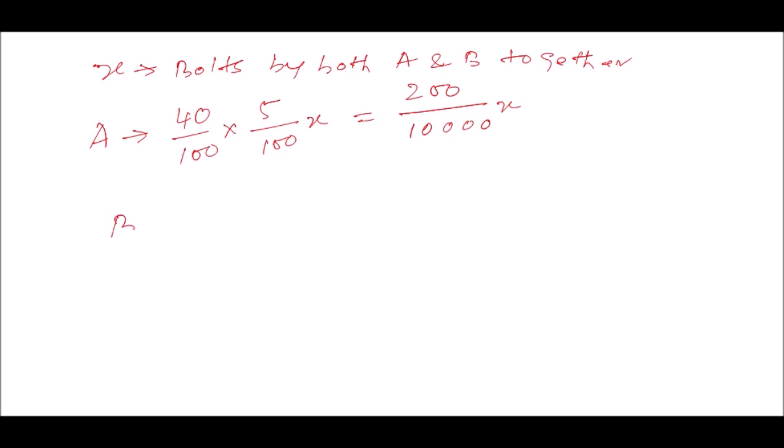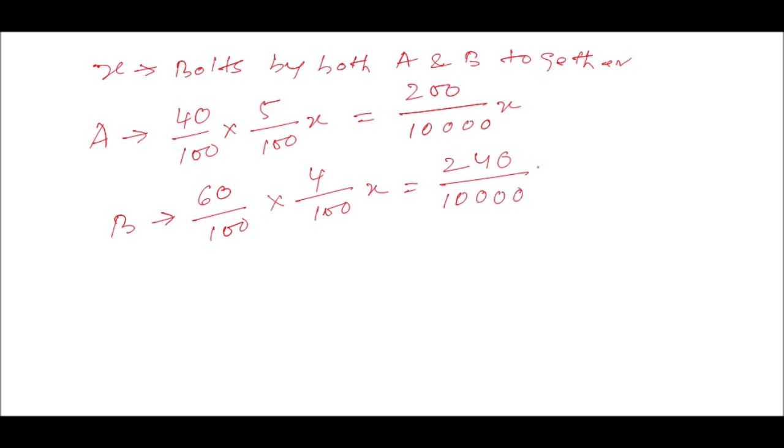Exactly with similar reasoning, 60% are manufactured by B and 4% are defective. That much defective bolts are manufactured by B. What is the ratio of defective bolts manufactured by A and B? I am talking about the ratio. It is 200 is to 240.